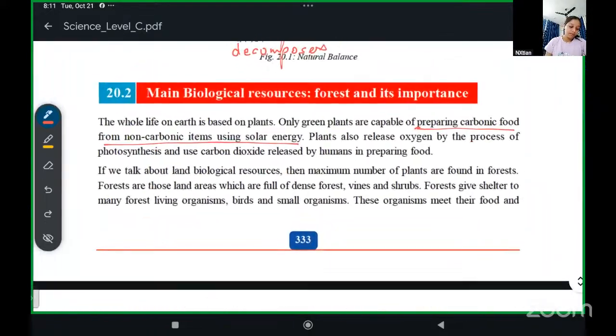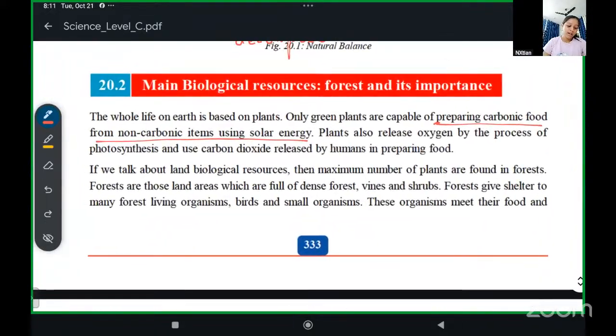Now, we were talking about forests. Plants also release oxygen by the process of photosynthesis and use CO2 released by humans in preparing food. If we talk about land biological resources, then the maximum number of plants are found in forests. Forests are those land areas which are full of dense trees, vines, and shrubs.